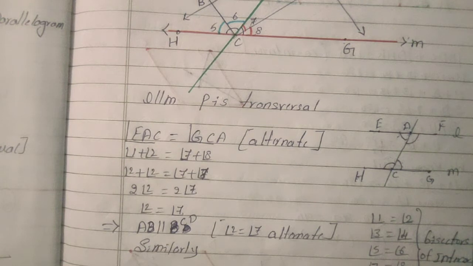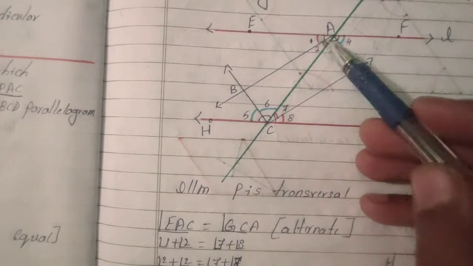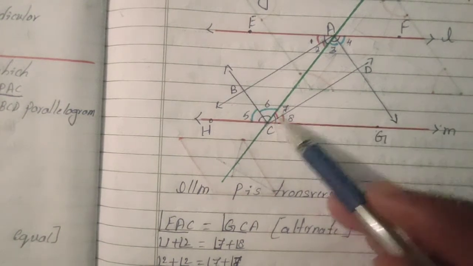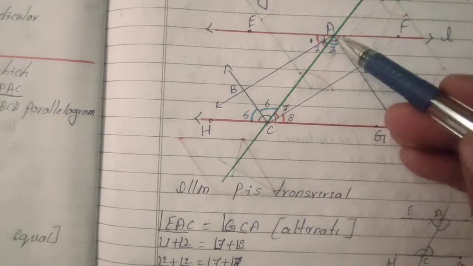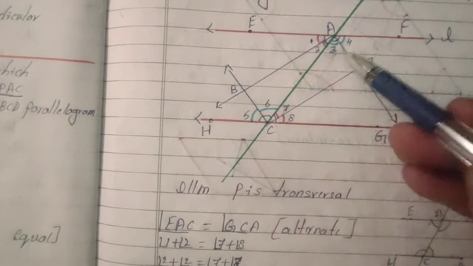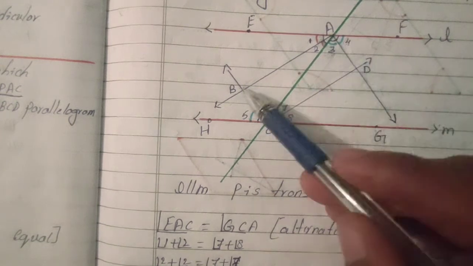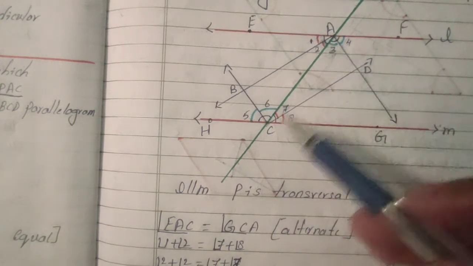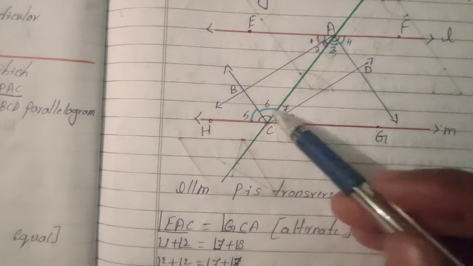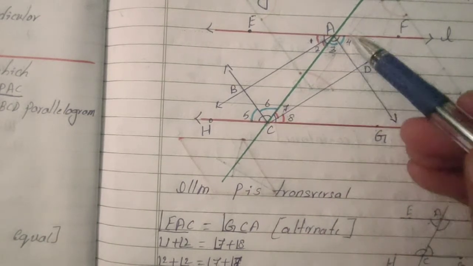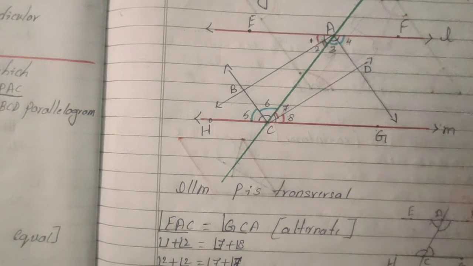This is what I want to prove. Means this angle bisector, this angle bisector, this angle bisector, this angle bisector forming the rectangle. See here, AB bisector of this angle, BC bisector of this angle, CD bisector of this, AD bisector of this.